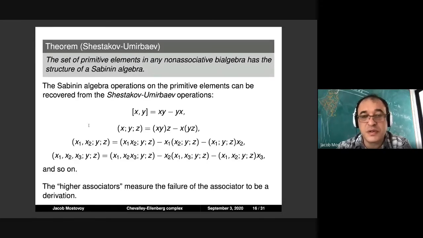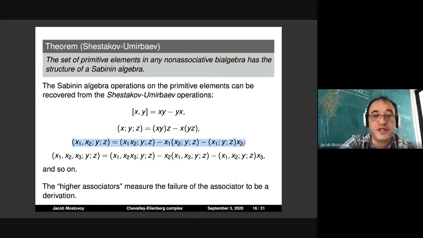So we can try to force the associator to be a derivation in each of its variables. And this way we define these operations that measure the failure of the associator to be a derivation.